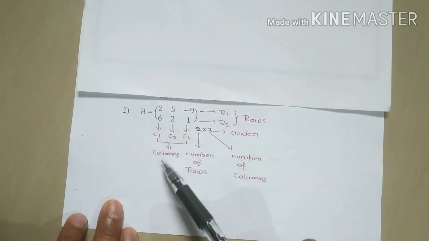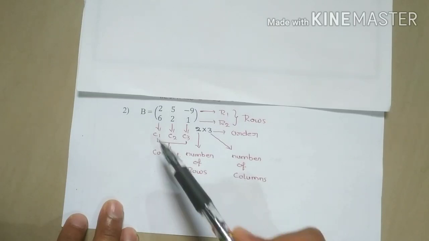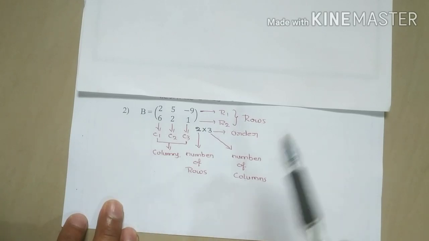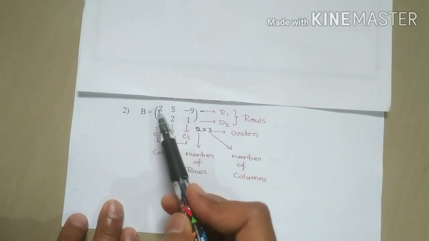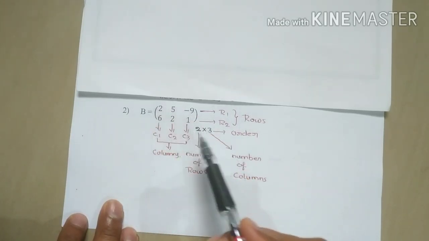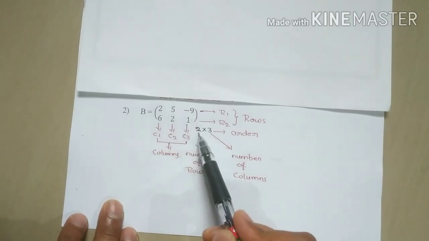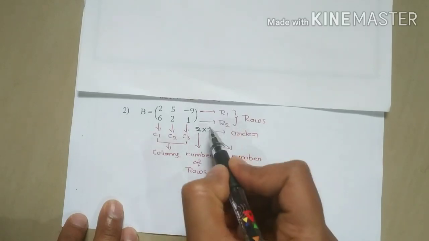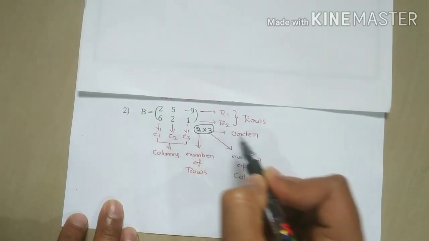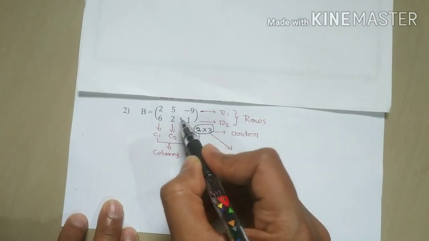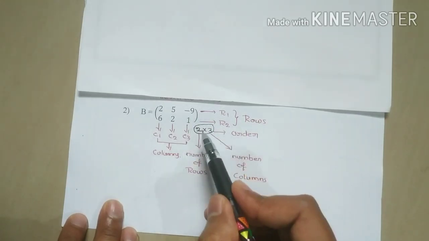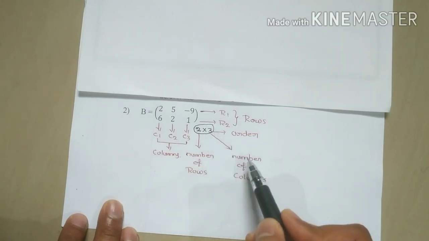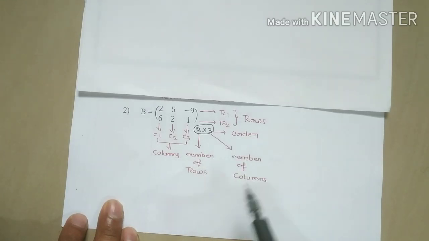All three together are called columns, the vertical lines of numbers. And this shows the order of this matrix. How many rows? 2 rows. How many columns? 3 columns. This 2 cross 3 indicates the order of this particular matrix. Remember, always first mention the number of rows, and second the number of columns.